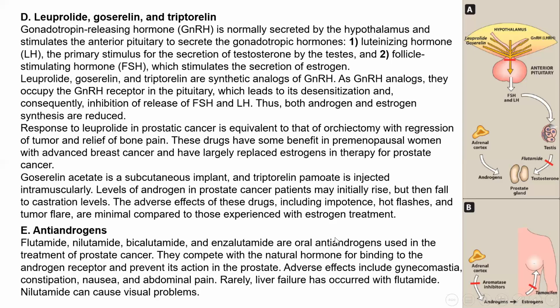So they are direct competitive inhibitors of androgens at the androgen receptors in the prostate. Adverse effects could include gynecomastia, which is due to low androgen levels, constipation, nausea, and abdominal pain. Also, these agents could lead to liver failure, as noticed with flutamide.